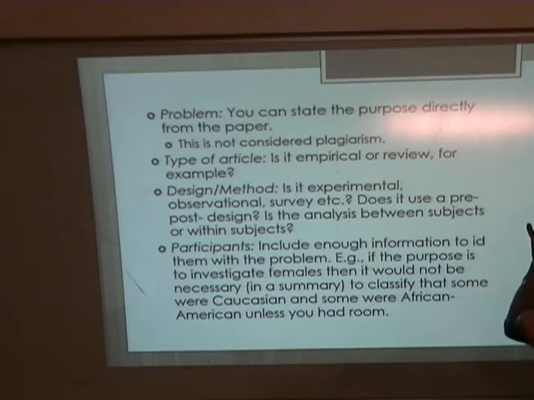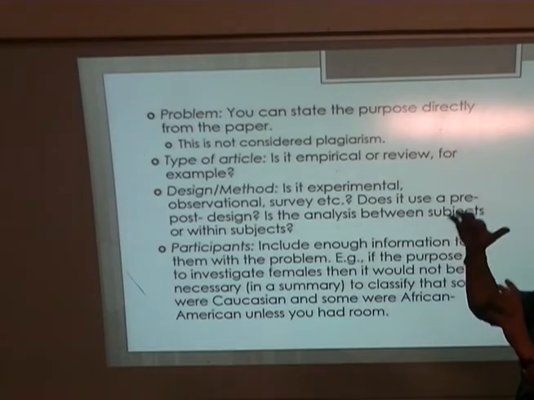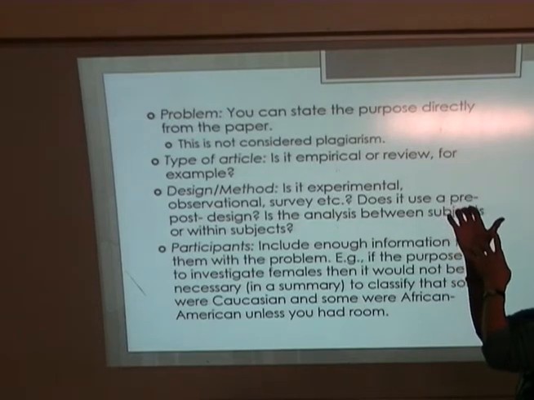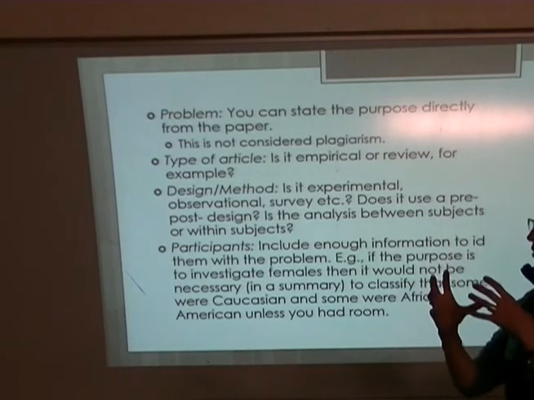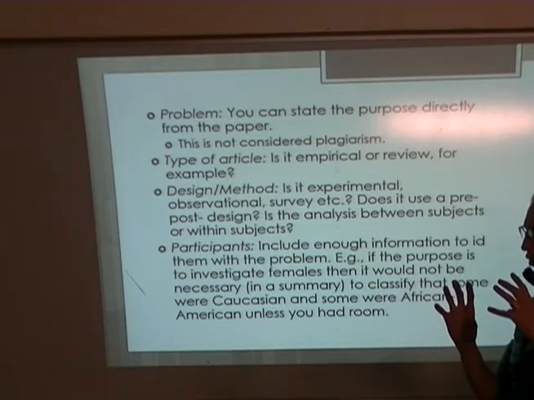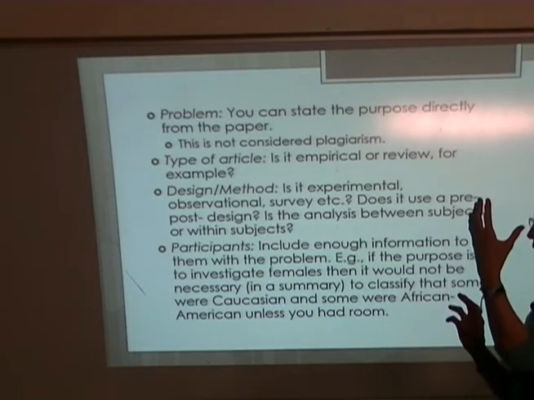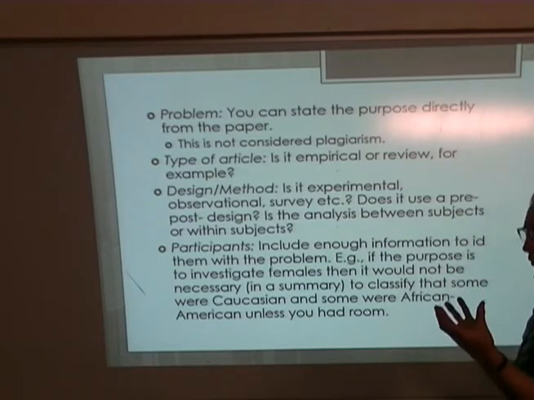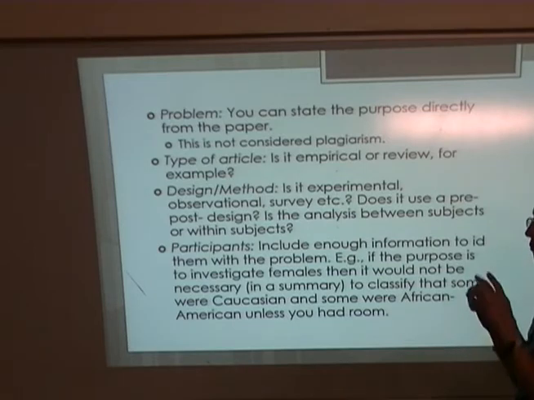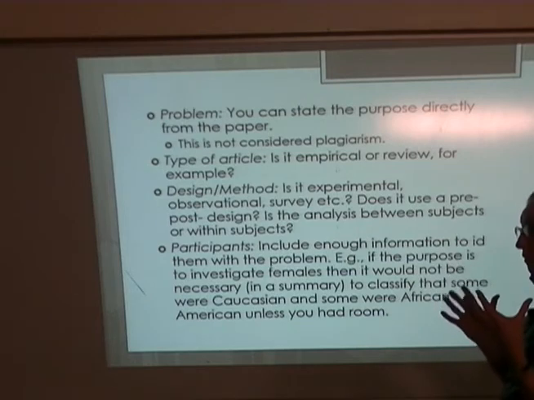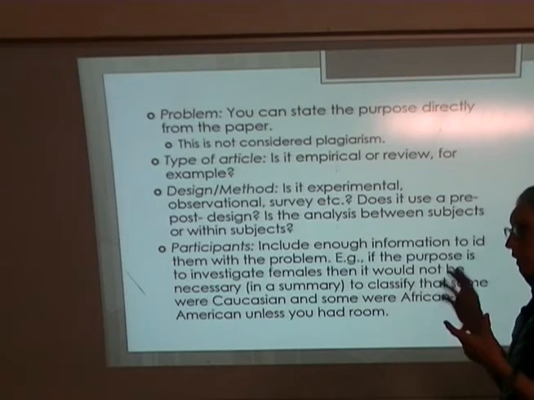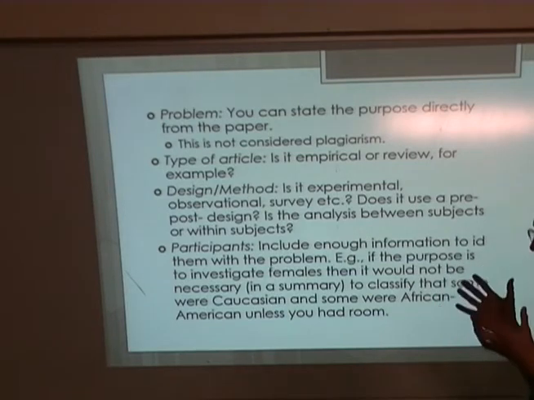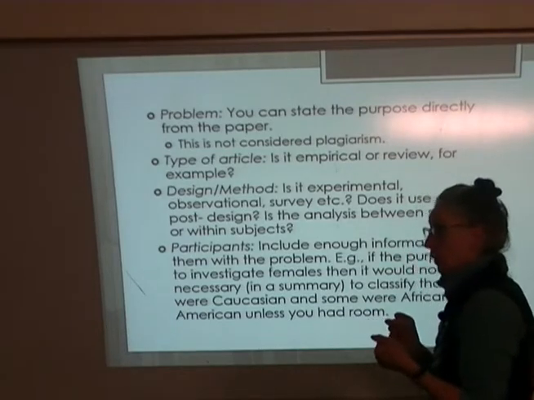So, for example, if the purpose statement talks about basketball players, but when you read the participant information, they say there were 15 male basketball players and 12 female basketball players, you don't necessarily have to include that separation. You can just say there were 27 basketball players. Depends how many words you've got spare, right?